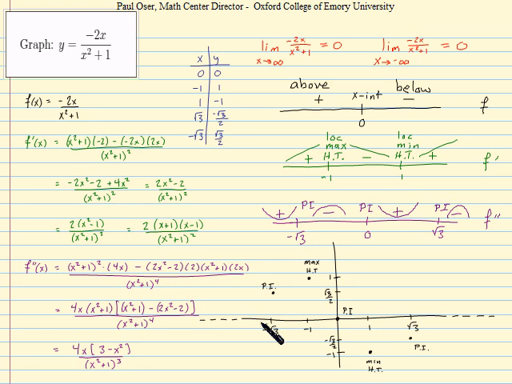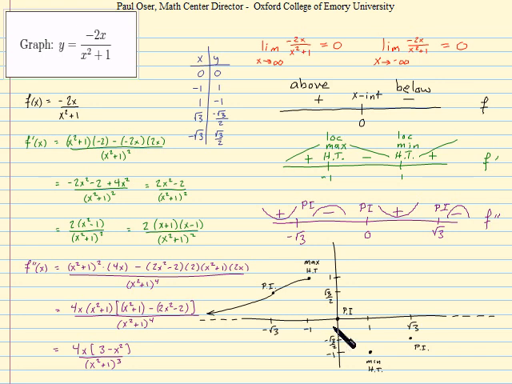Well, if I draw that, I have something like this. And then in between negative root 3 and negative 1, well, let's see, that's about here. We need to be concave down, still on the rise, still above the x-axis, finally ending up here where we level off to a horizontal tangent. So drawing that in, we have something like this.